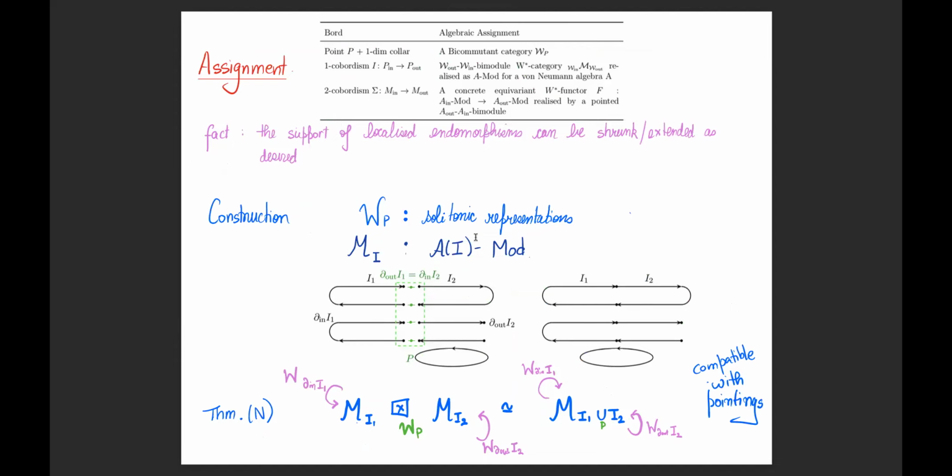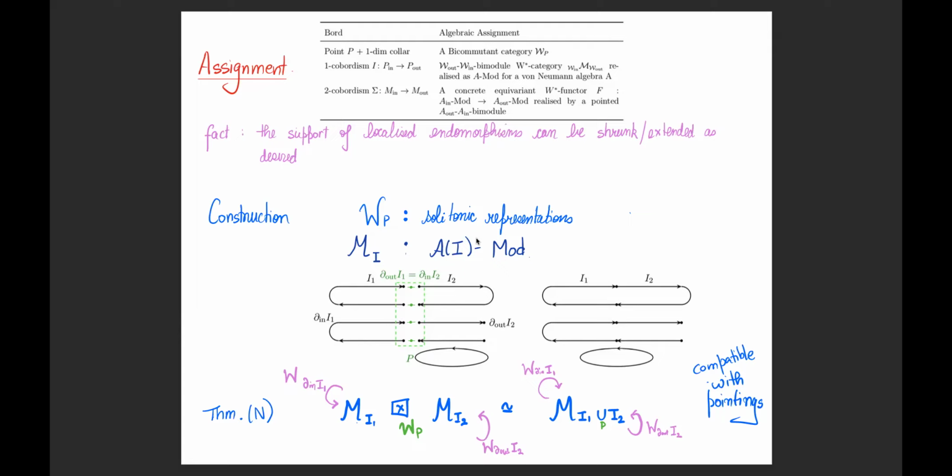So given some points P here, a set of zero manifolds essentially, I can assign this category W_P of the solitonic representations. And I have two ways to write it. I can either make each of these points into a circle, embed these into a circle and take the solitonic categories for those, or I can take the left localized or right localized endomorphisms of the algebra assigned to little collars of these points.